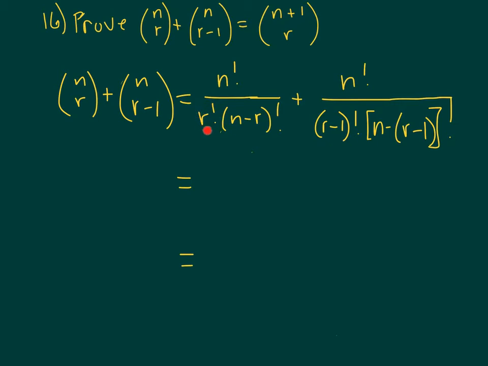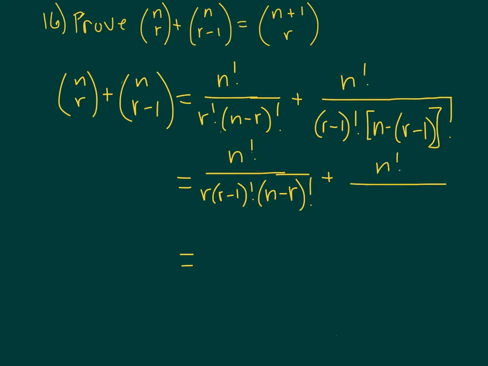So my first fraction is still n factorial, but I'm going to write the bottom as r times r minus 1 factorial times n minus r factorial. And while I'm at it, I'm going to clean up the right-hand fraction. This is n factorial over r minus 1 factorial, and then n minus r plus 1 factorial.